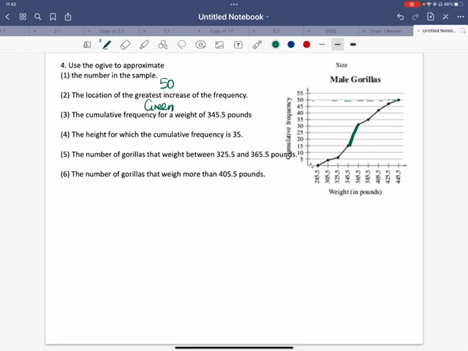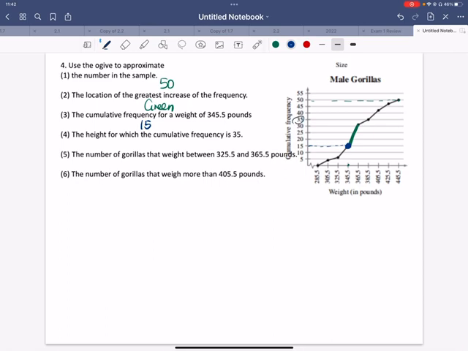Okay, next one. Cumulative frequency for a weight of 345.5. 345.5, which is here. The cumulative frequency of this weight will be 15. Okay, the weight for which the cumulative frequency is 35.